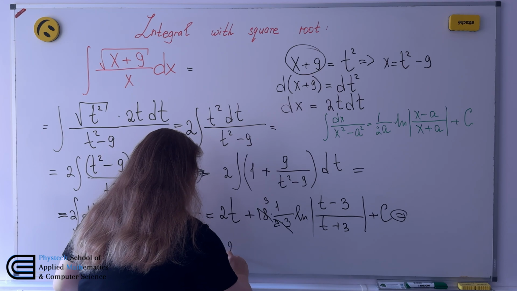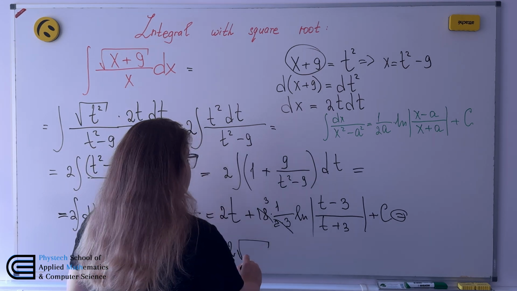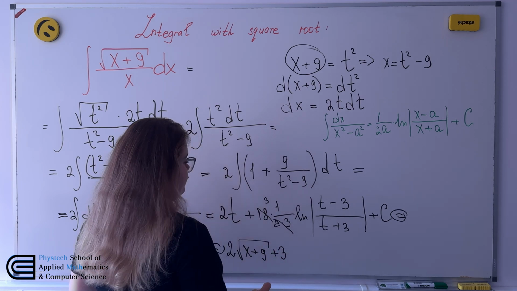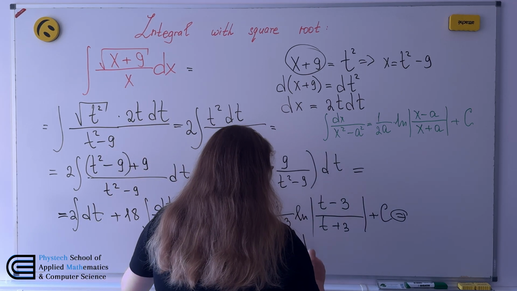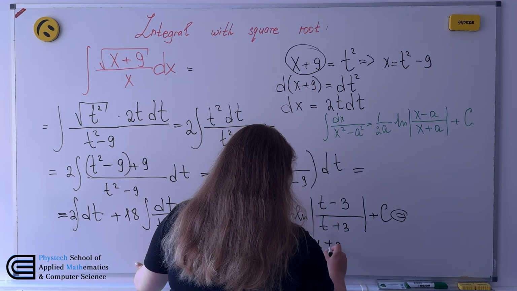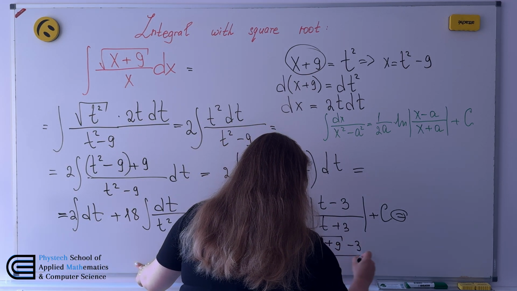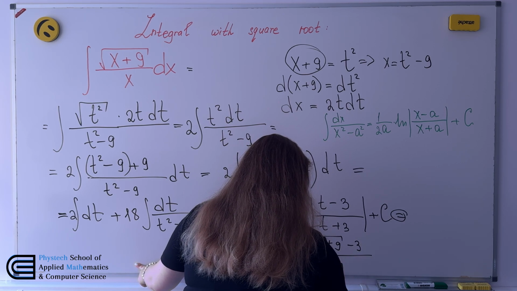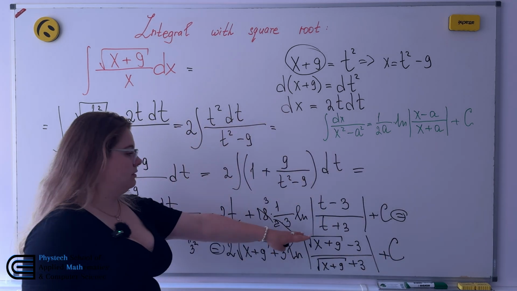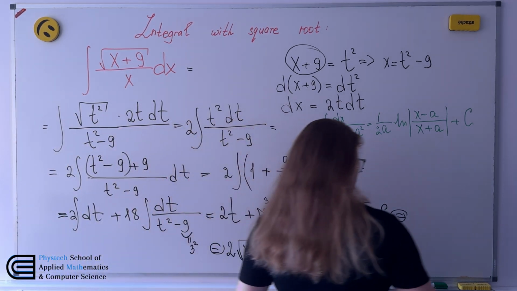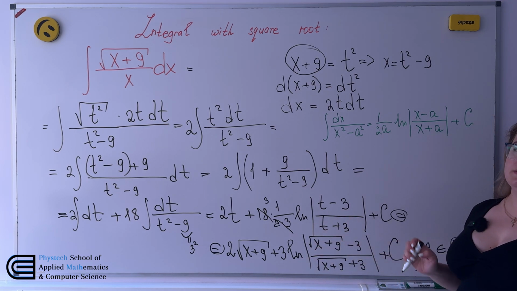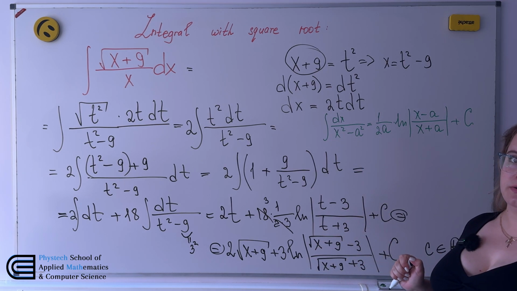So let's do it. 2 square root of x plus 9, plus 3 logarithm of the absolute value of square root of x plus 9 minus 3 over square root of x plus 9 plus 3, plus a constant from the real numbers. That is the answer to our integral.